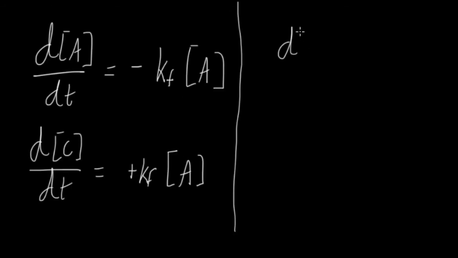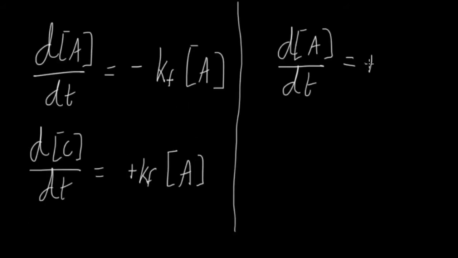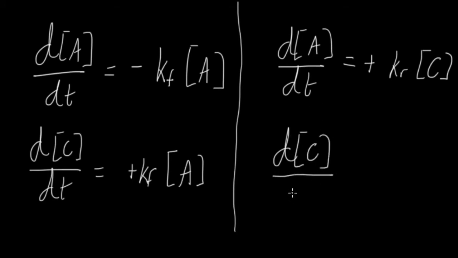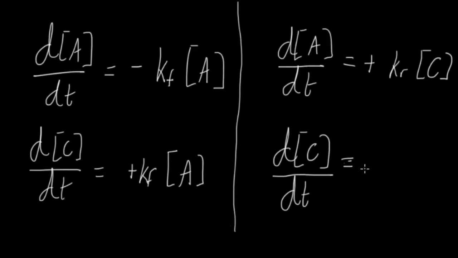And so we have dA by dt equals, well, it's being produced here with the coefficient of proportionality being kr and the reactant being C. So we have plus kr times the concentration of C. And the second differential equation for the second reaction is dC by dt, the rate equation for C. Well, C is being used up now, so it's going to be minus, and again the coefficient of proportionality is kr, k reverse, so we have minus kr times C.